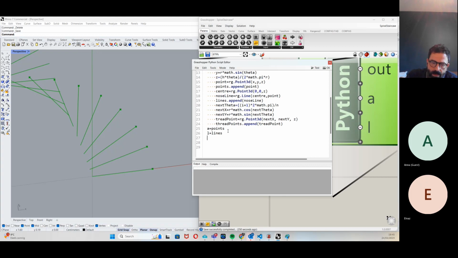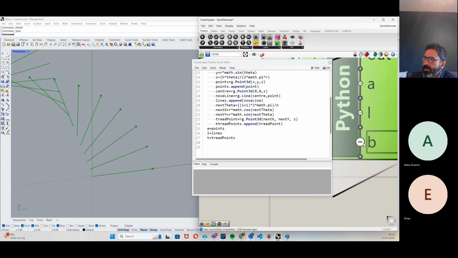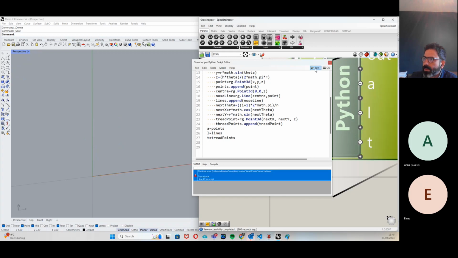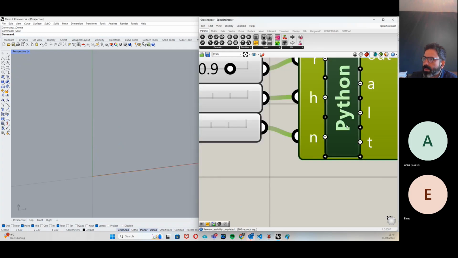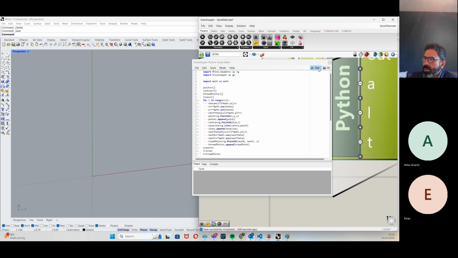And T equals thread points. Okay, what is it? Thread points not defined.